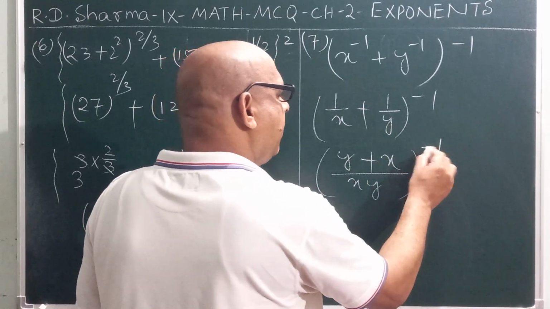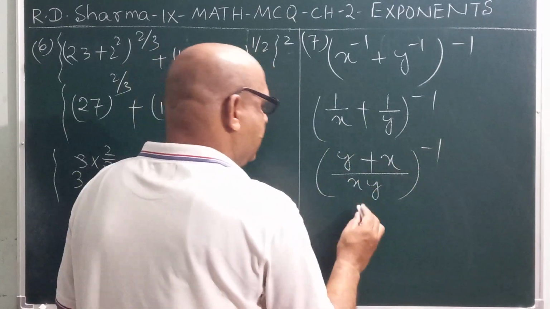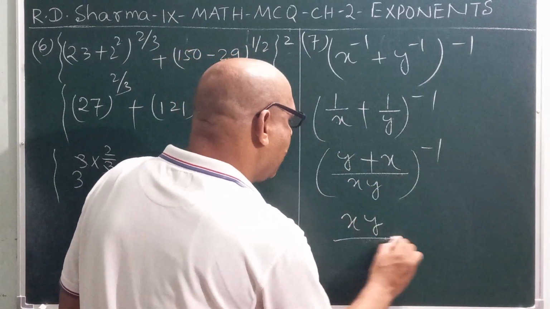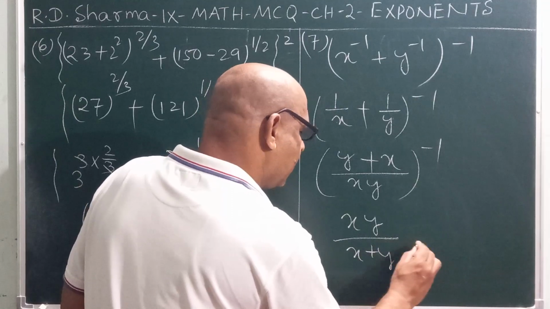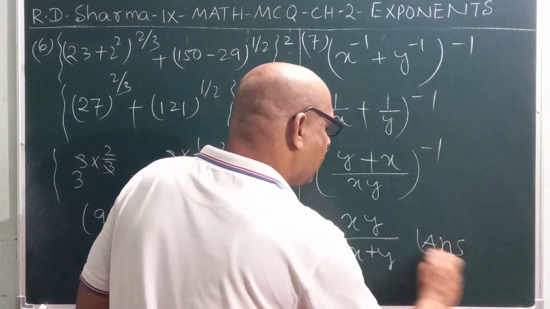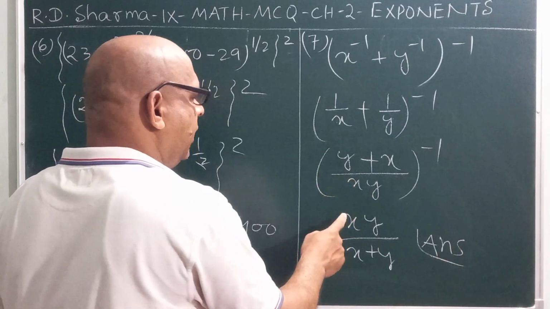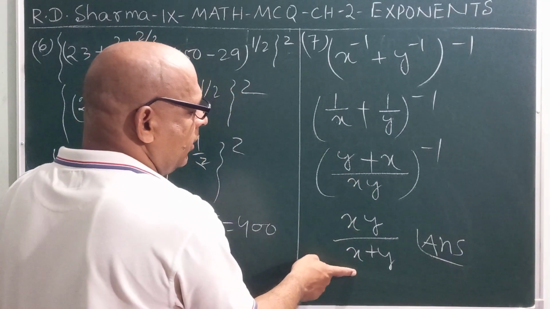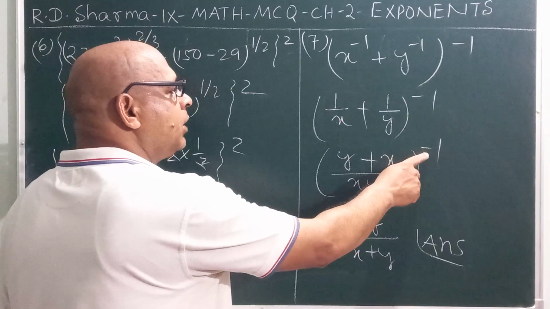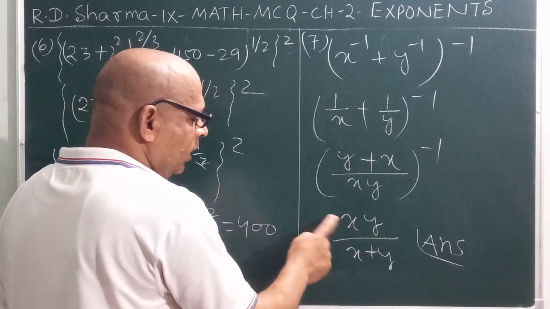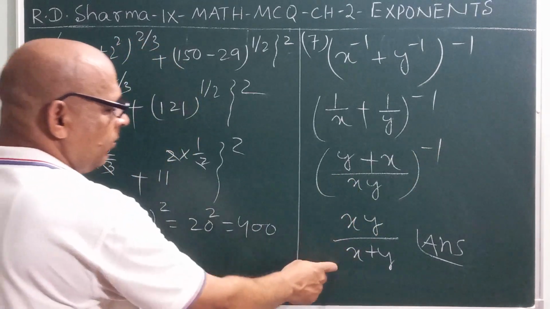Clear? Omit the minus 1, interchange: xy by x plus y, that's the answer. Omitting the minus 1 changes denominator and numerator. Inverse, minus 1 omitted, answer is xy by x plus y.